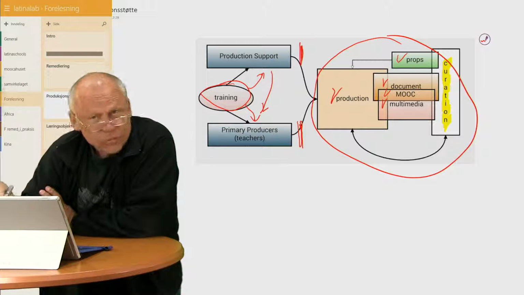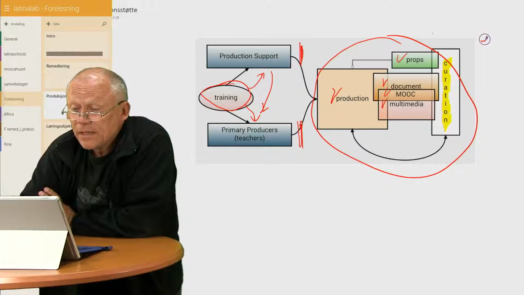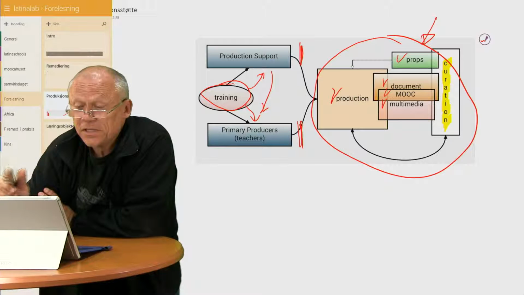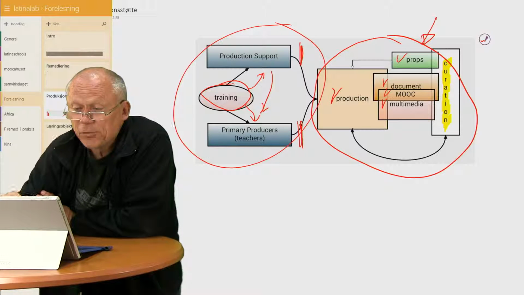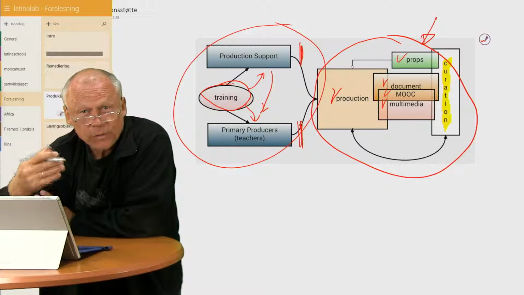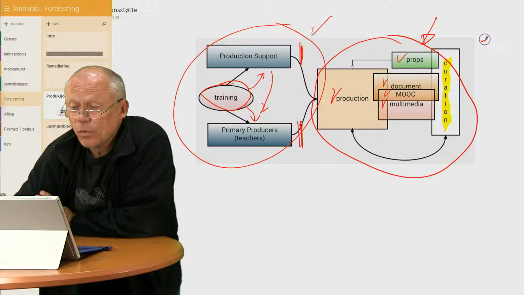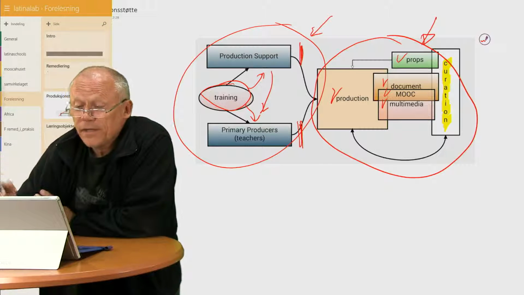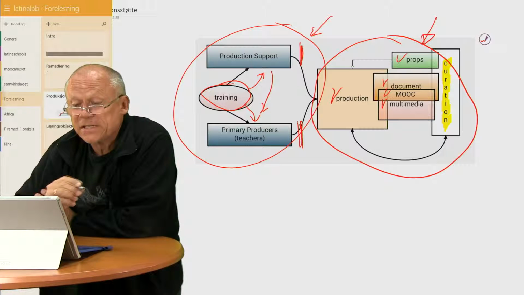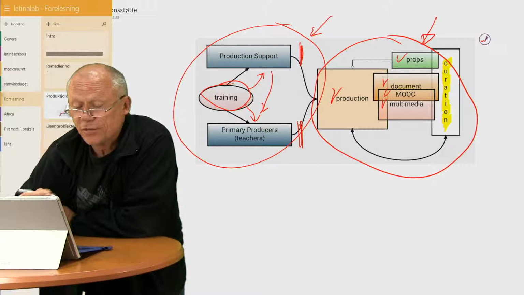So not only the production process itself must be considered, but also the training programs, how to help people to conduct this work. And that creates a little more complexity to the administration of this process.